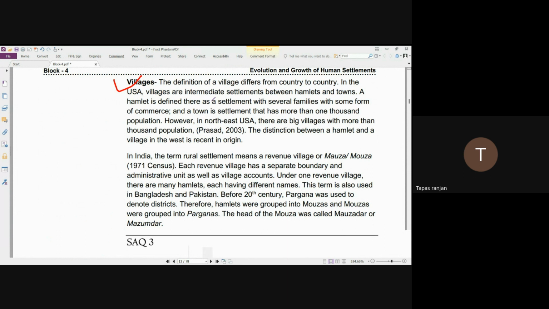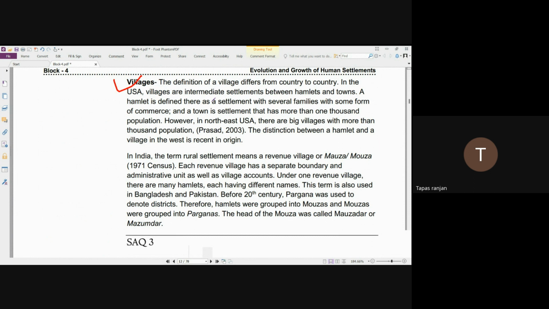Now, just like in India, we have different types of villages. Based on the population size, we have villages where rural settlements are inhabited by less than 200 people also. Okay, and even if the population size is more than 5,000 or even more than 10,000, we do have the concept of village in India. But in other countries, maybe in Scandinavian countries of Europe, their concept of village is something different.